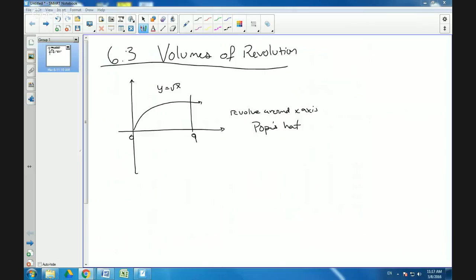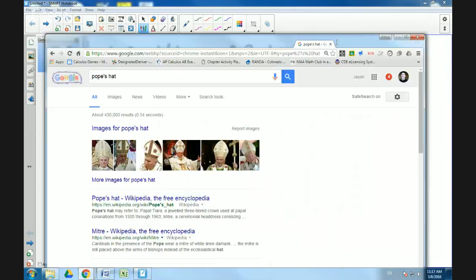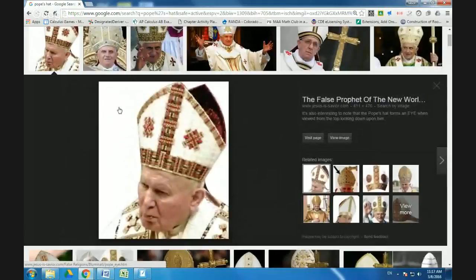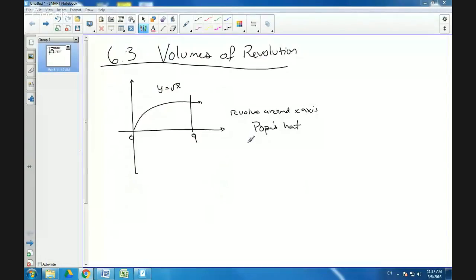What else? When they come in a box. He's gonna look it up. There's the Pope's hat. Awesome. I don't know what pasta shape that would make, honestly.